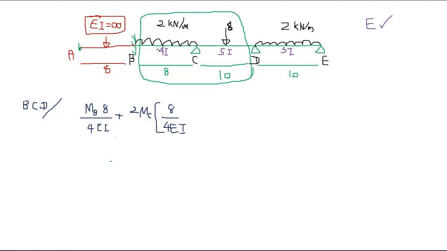So 8 is this length divided by E into 4I, right? So then the next, 8, or sorry, that's 10, right? L is 10 divided by 5EI into MD, that's L is 8, sorry, L is 10. 10 over 5EI.